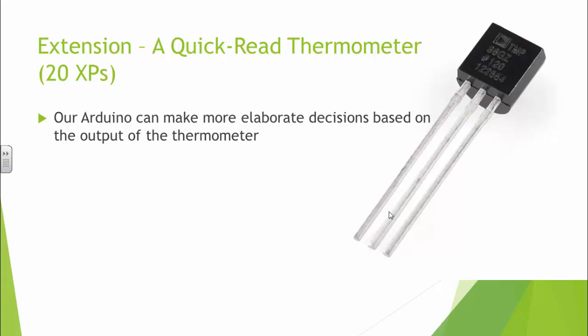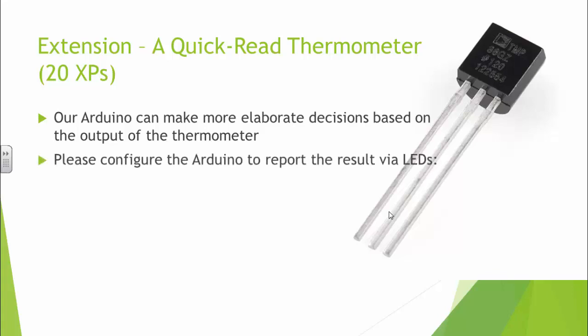So what we can do is take our Arduino, accept the input from the TMP35, calculate the temperature, and then report the basic situation to LEDs. So if it's greater than 27 degrees Celsius, you can make it red. If it's around 24, you can make it yellow. If it's less than 21 degrees Celsius, which I sure wish it was right now, you can make it green.